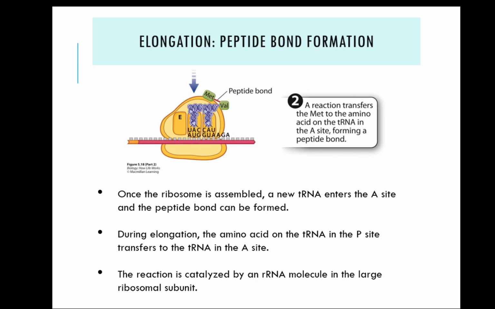As it reads along, it's protruding out the back, if you want to think about it that way. So we have our methionine. It scans down 3 nucleotides. The next one is GUA, which codes for valine. So now we can have that charged transfer RNA come into the A site and bind.